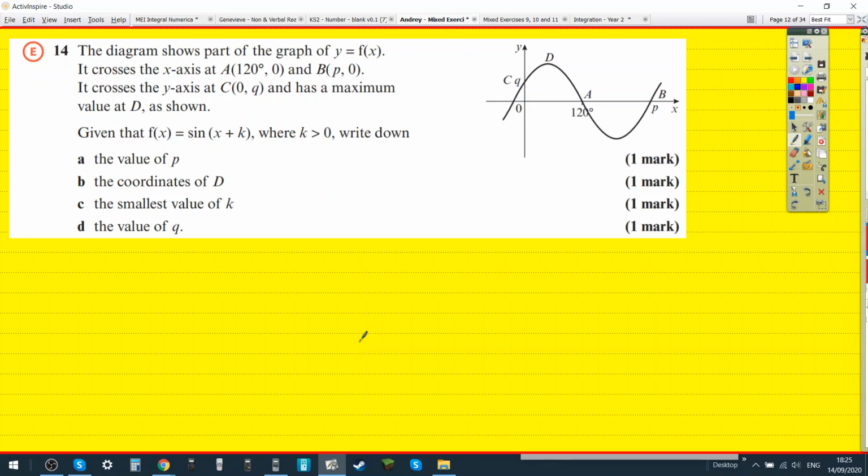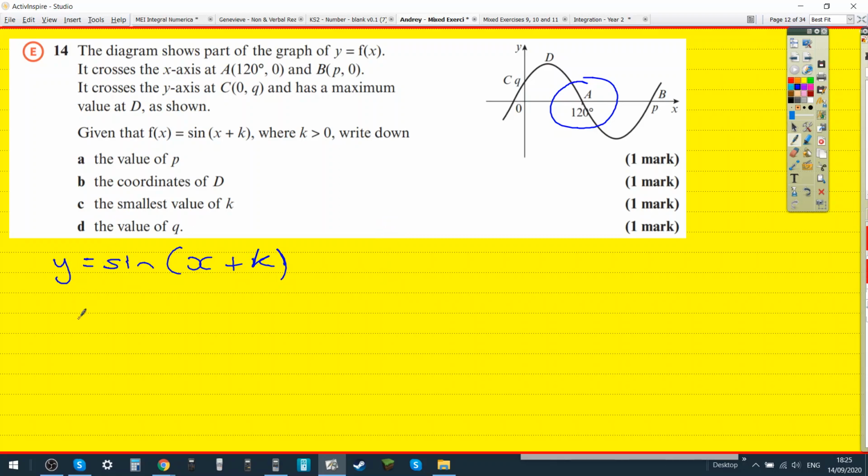Do I need to work out what K is? Yeah. Do I need to find the gradient or something? Gradient. I think this is the key here.